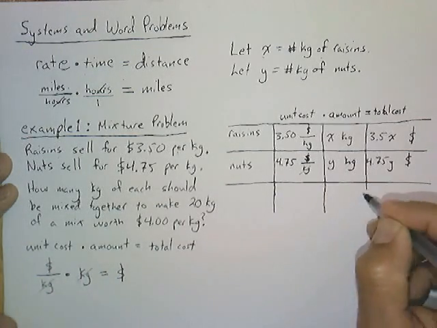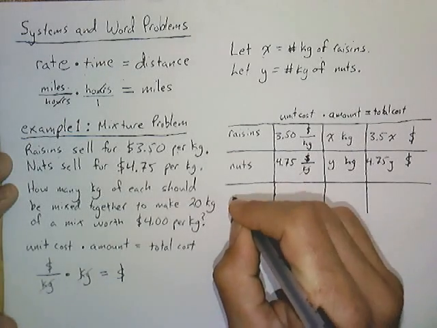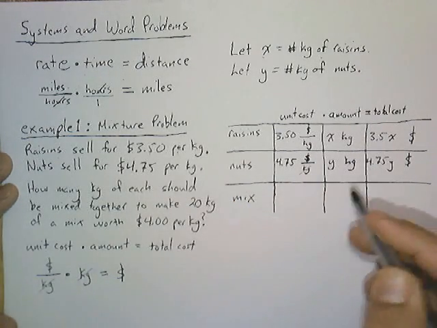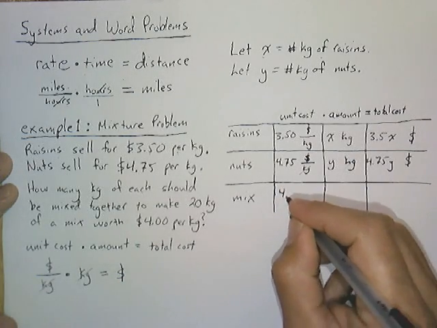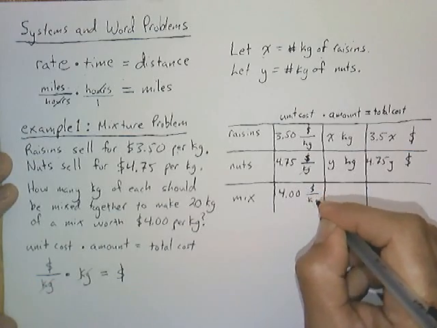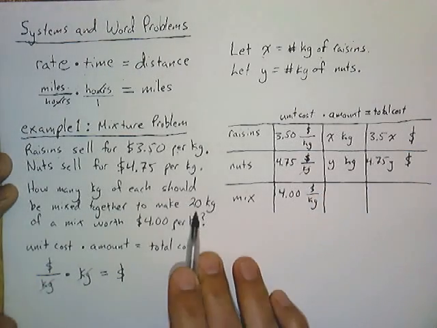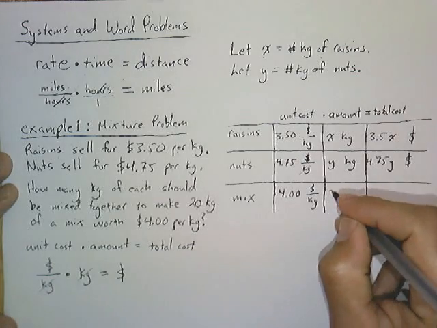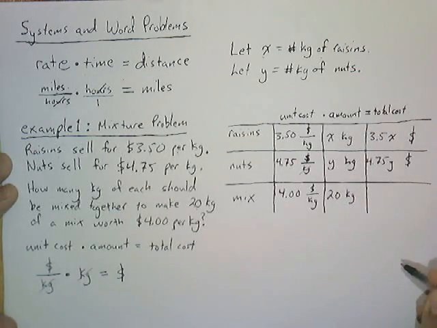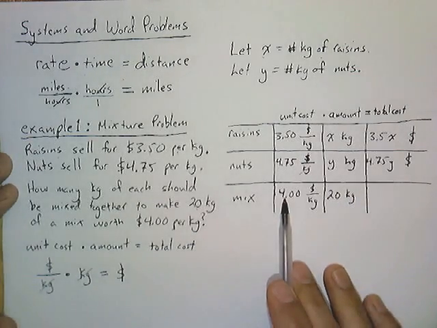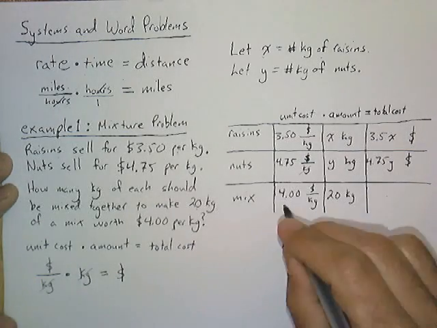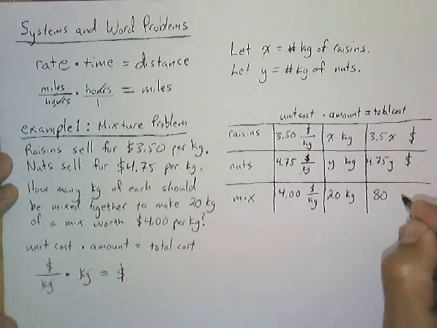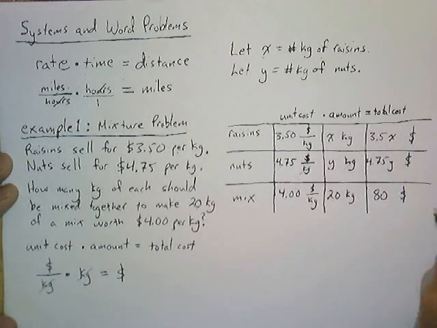We're given some information about that too. So the unit cost of the mix here is $4 per kilogram. And we also know that we want to make 20 kilograms of that. And so unit cost times amount is going to equal the total cost, which is going to be 4 times 20, which is $80.